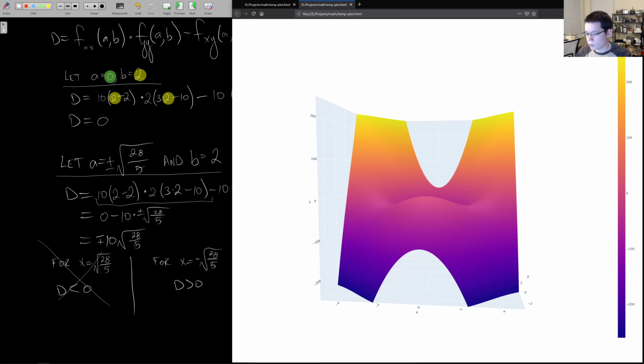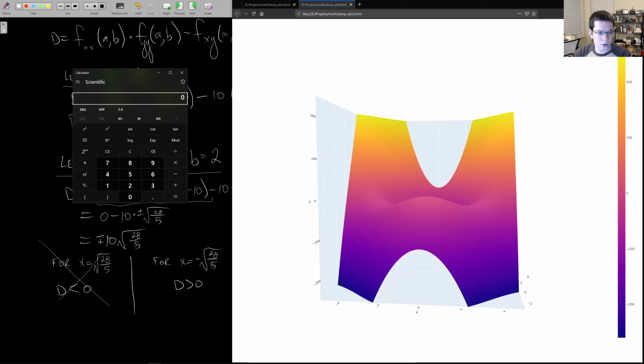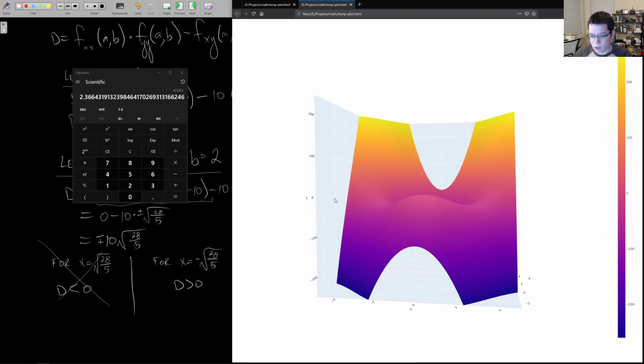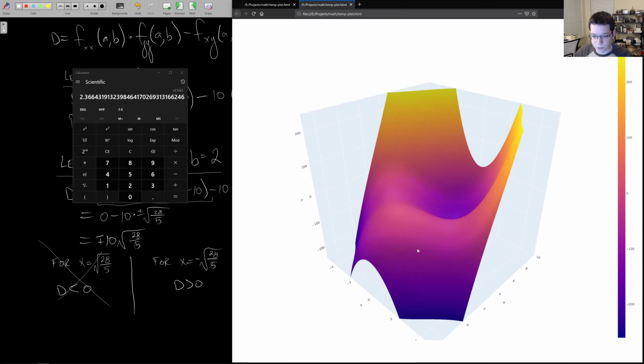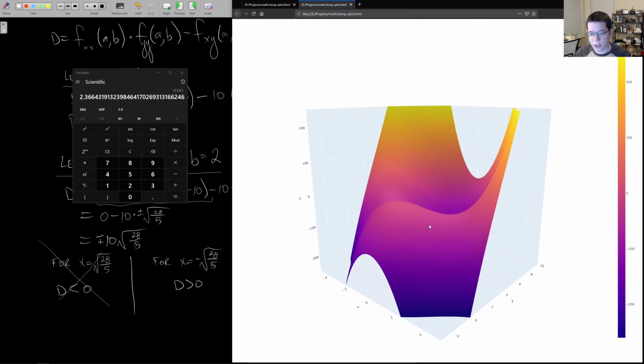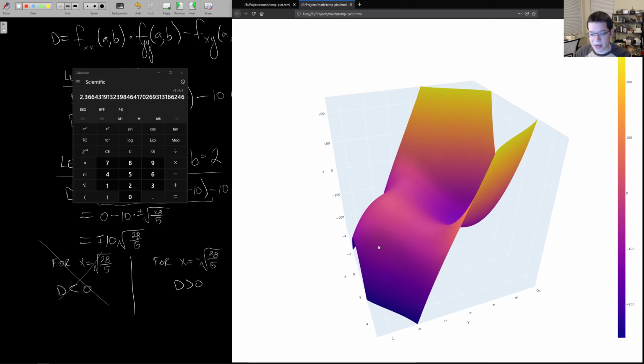If we do 28 over 5 square root, that's 2 point something. And looking at this graph, that's definitely 2 point something. So that's our saddle point. It's a min in one direction and a max in the other.